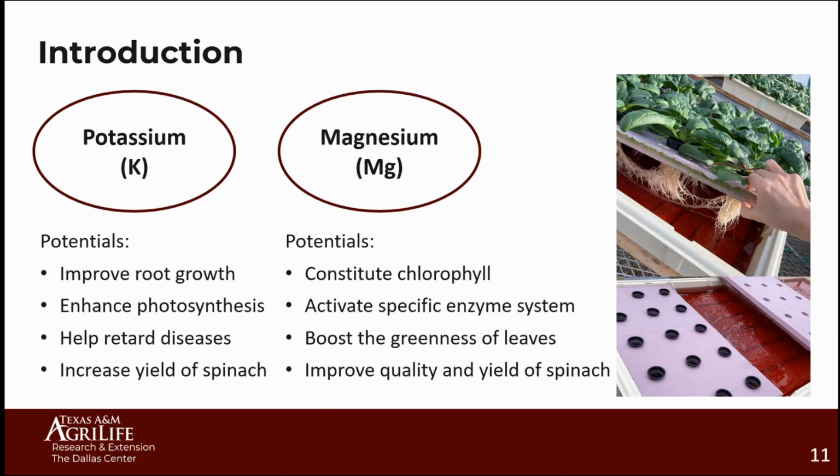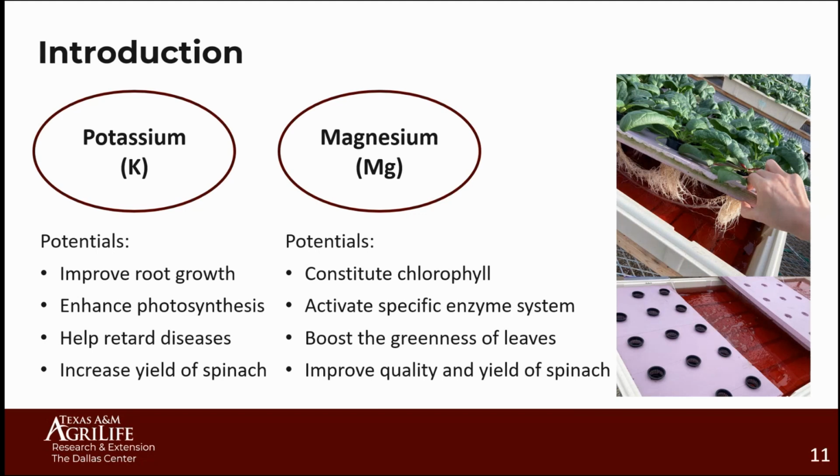For example, the popular classic Hoagland nutrient solution recipe was developed decades ago for lettuce production. So in our study, we want to learn if we enhance the potassium or magnesium in the nutrient solution, whether we can improve the yield or the quality of spinach.